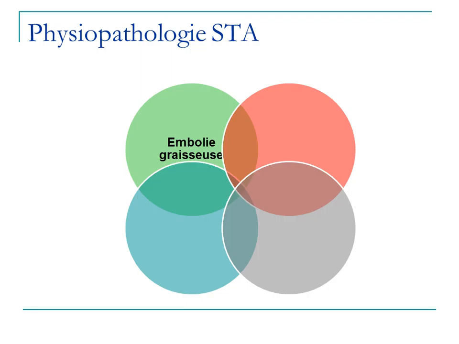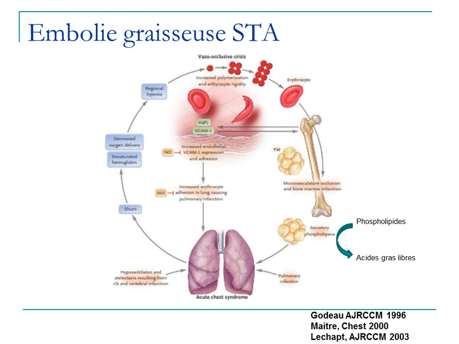Now, several actors are going to be involved in this physiopathology, four mainly. First of all, fatty or greasy embolism, which has been described years ago. The mechanism is simple. ACS usually is preceded by a vaso-occlusive crisis. These free fatty acids are going to play, of course, a major role.